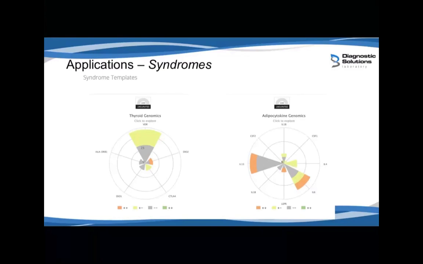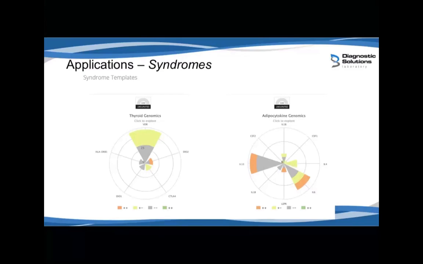So this is more inflammation related to metabolic diseases. This is grouping on a fingerprint pattern of what genes are involved. For example, we have VDR for the thyroid genomics, DIO2 and DIO1 over here, which are the enzymes involved in converting your thyroid hormone from T4 to T3 and so on.